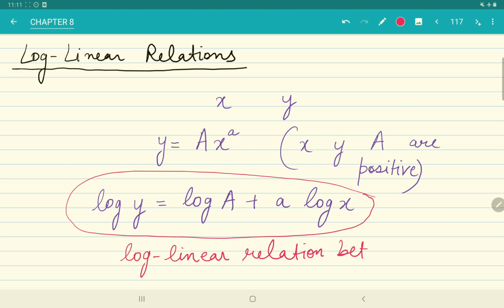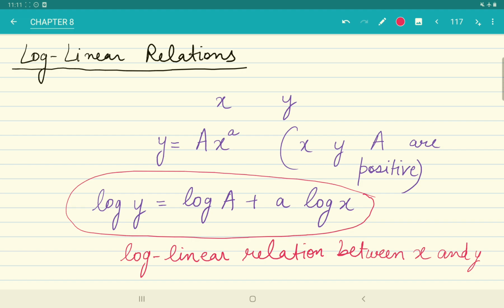Basically, log x and log y are related to each other in a linear fashion. That's what I mean by a log linear relation. So if I'm talking about a log linear relation between x and y, that just means in this case we have a linear relationship between log x and log y.